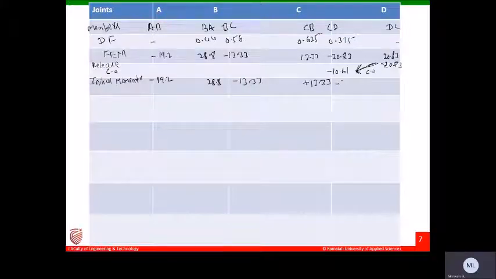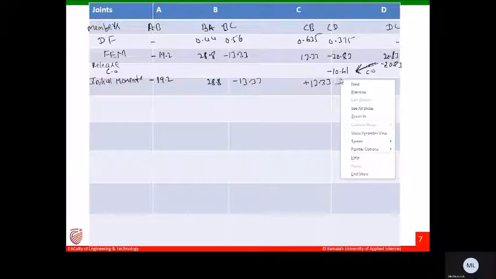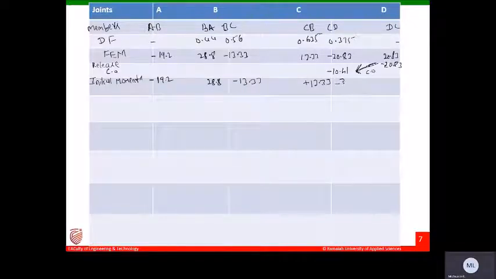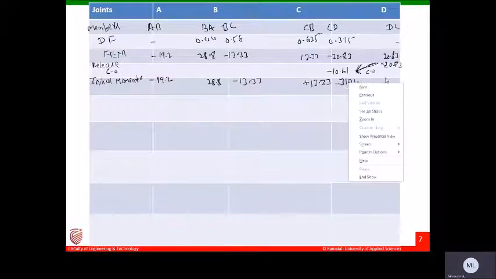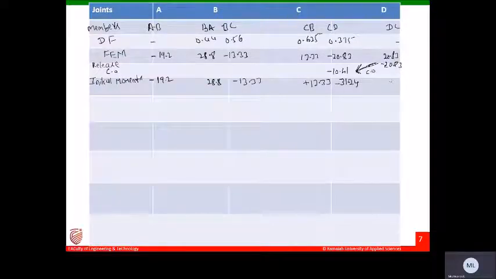This is minus 31.24. Minus 31.24, and now I made it 0 because that is simply supported.